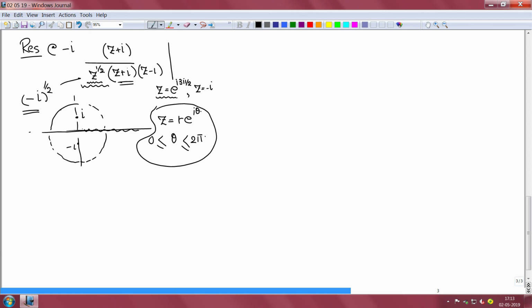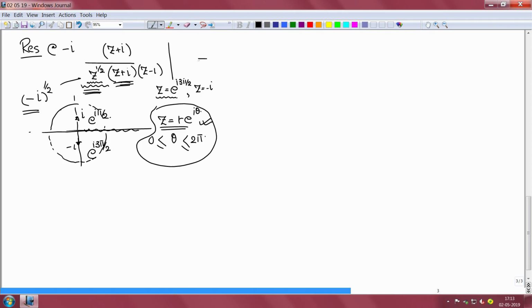So it is better to use the branch cut definition. Z here is e to the power I 3 pi by 2, and z here is e to the power of I pi by 2. For the other part it does not matter, you can use z equal to I here, z equal to minus I here, but for the part that is causing the branch cut you have to respect this definition.